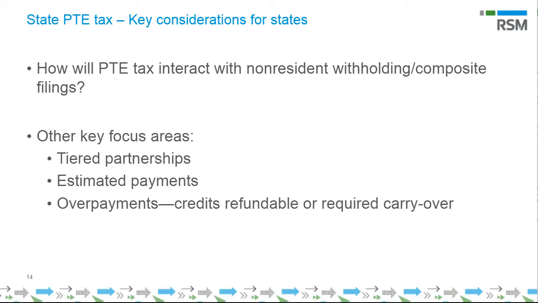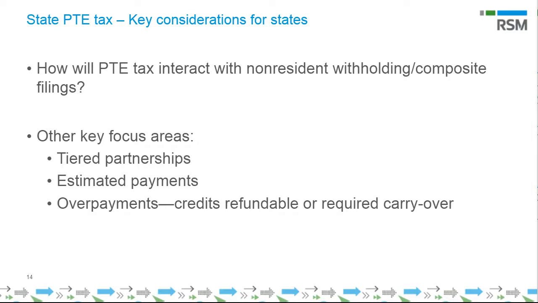Yep. The last one I really wanted to touch on, if you don't mind, in the interest of time, is that we've been getting a lot of questions of how this interacts with non-resident withholding and composite filings. Again, you've got to love states, but it really does depend on which state. I'll use Connecticut, New York, and New Jersey as an example. They all differ.